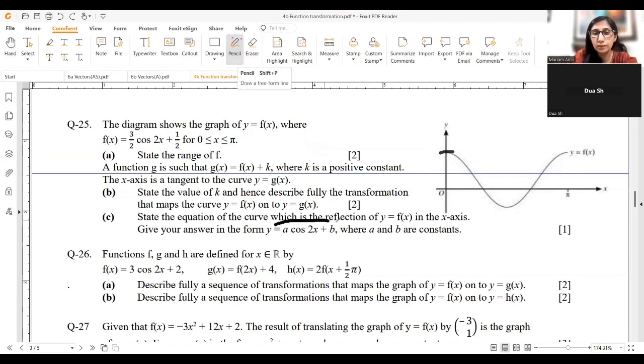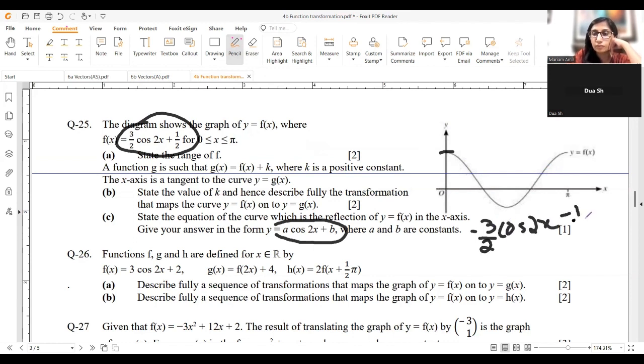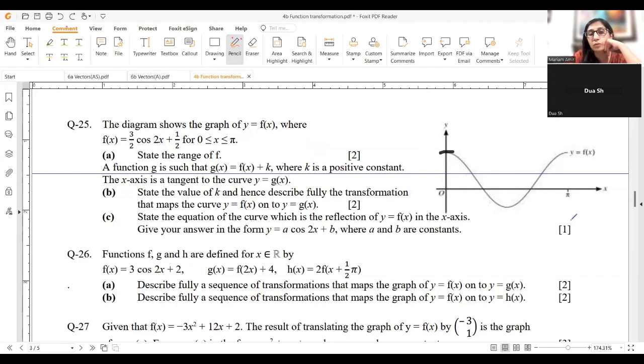So you multiply this with a negative sign throughout. So we have negative 3/2 cos 2x minus half. I think in the worksheet it says plus half, but that is a typing mistake. So just multiply that f(x) with -1 and you get the answer for 25C.